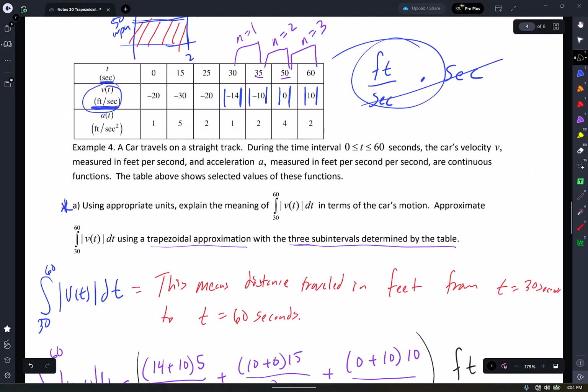Because those are my y values. So if I were to plot this, remember those are absolute values, right? If I were to plot this, I'm going to say here's 30, here's 14 points, here's 35, and the next one is 10 points. And then look, that's my trapezoid.